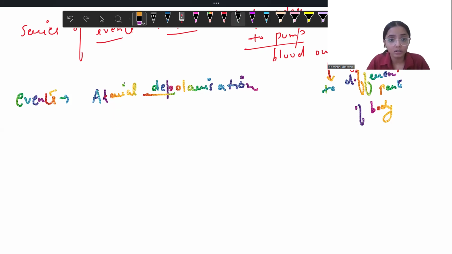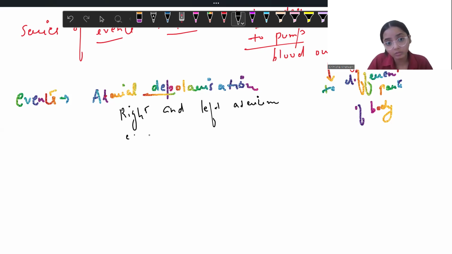Under atrial depolarization, the atria of the heart, that is the right and the left atrium, contract. Blood moves from atria to ventricles.